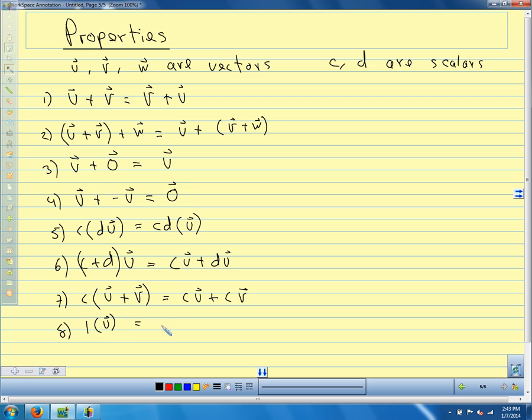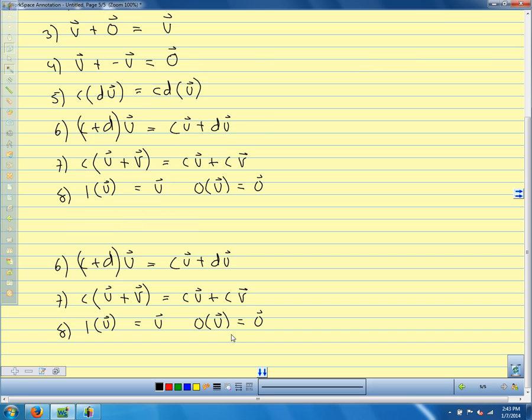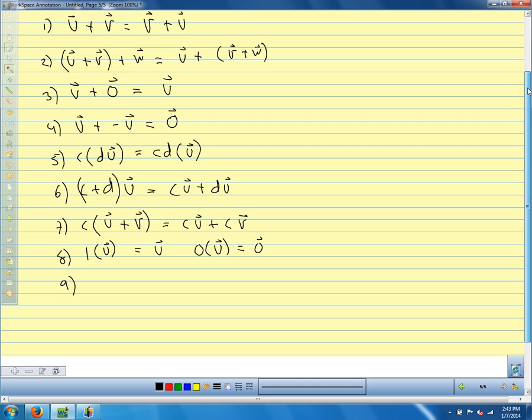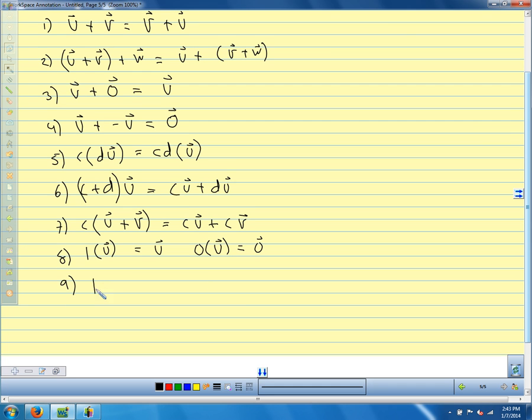One times any vector is just the vector itself. Zero times any vector gives us the zero vector. And finally, the magnitude of a scalar times a vector is just the absolute value of the scalar times the magnitude of the vector.